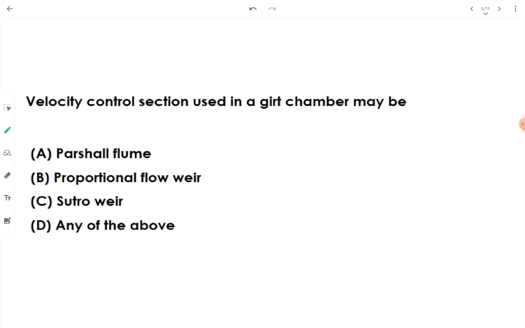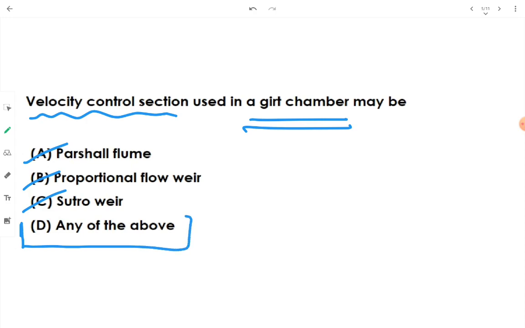We can use any of the above mentioned velocity control sections for having a constant velocity in a grit chamber. The influent should be coming at a constant rate. That's why we have to use these velocity control devices, and we can go for any one of them. We should tick the option any of the above.